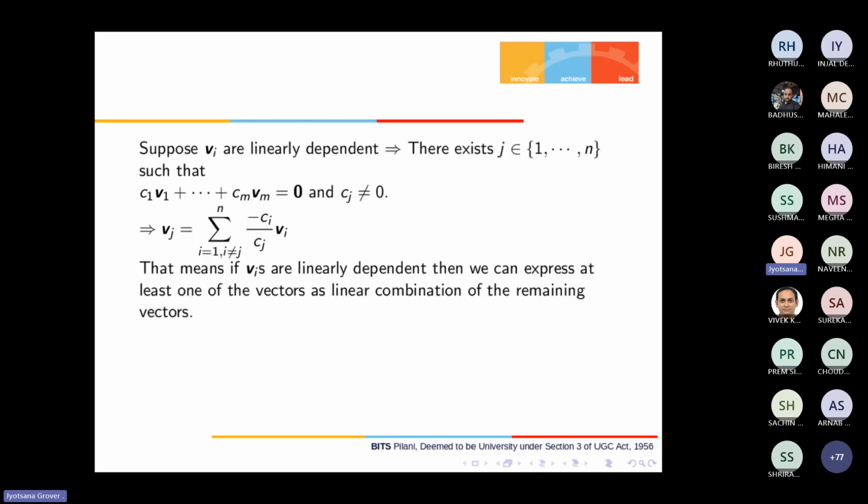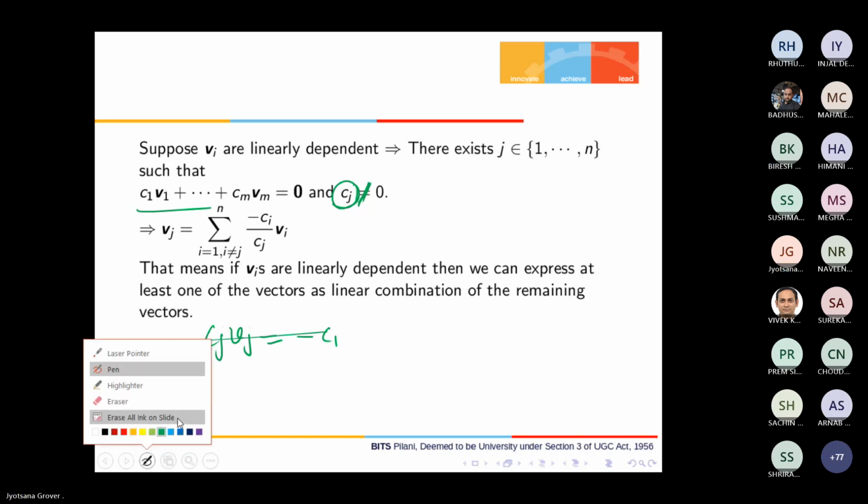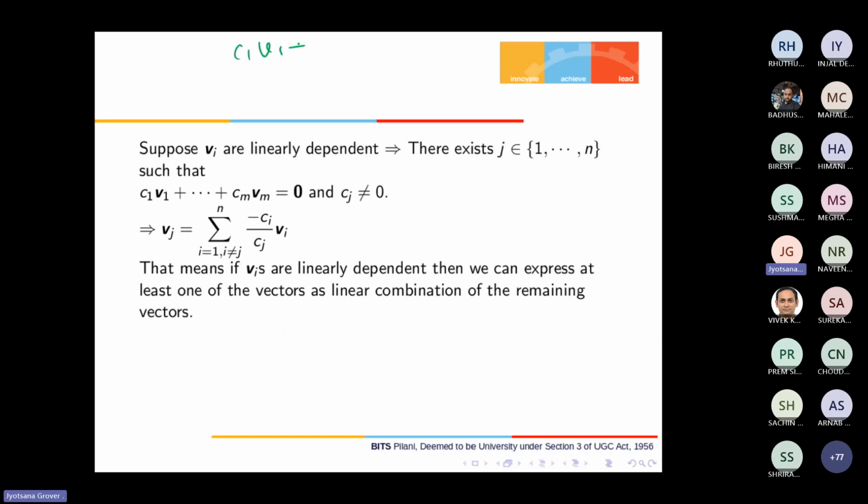But if you get at least one Cj which is not 0, then what will happen is, actually it's like this: C1 V1 plus C2 V2 and so on plus Cm Vm is equal to 0.